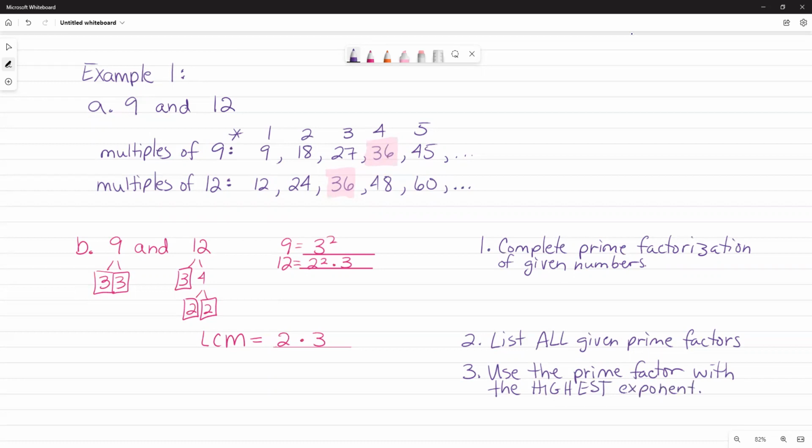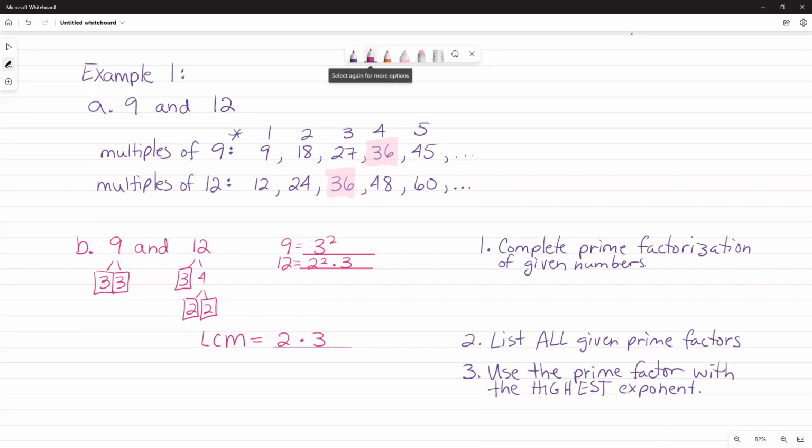So again, it's the opposite. With multiples, you're looking for a number bigger than the given numbers, equal to or larger. With greatest common factor, it could possibly be equal to the smallest or smaller, right? Factors equal multiples, but the given numbers are factors of the least common multiple. So we use the highest exponent.